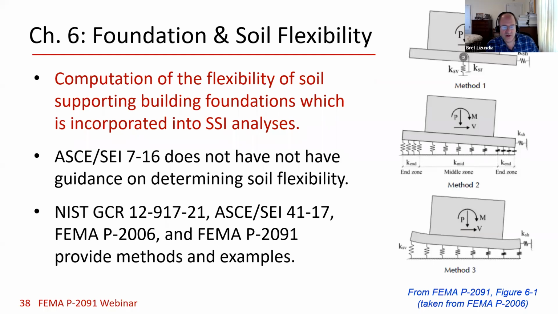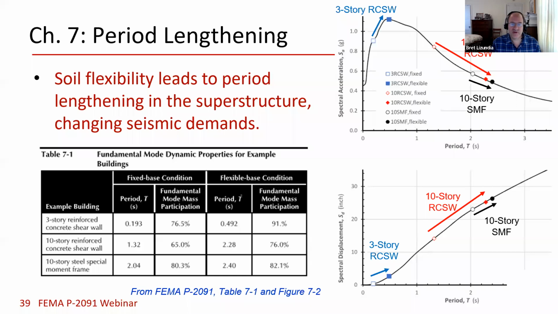There's a lot of information in all kinds of other places, and we list the NIST document, ASCE 41, the ASCE 41 design guide, FEMA P-2006, and then our own document here. So we give examples in that chapter of different methods and different values and how you calculate the springs and then what it does. Chapter 7, we go through worked examples of period lengthening.